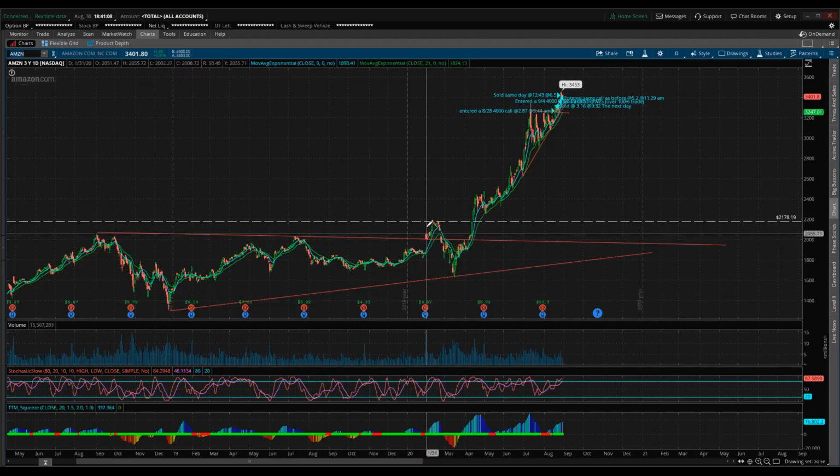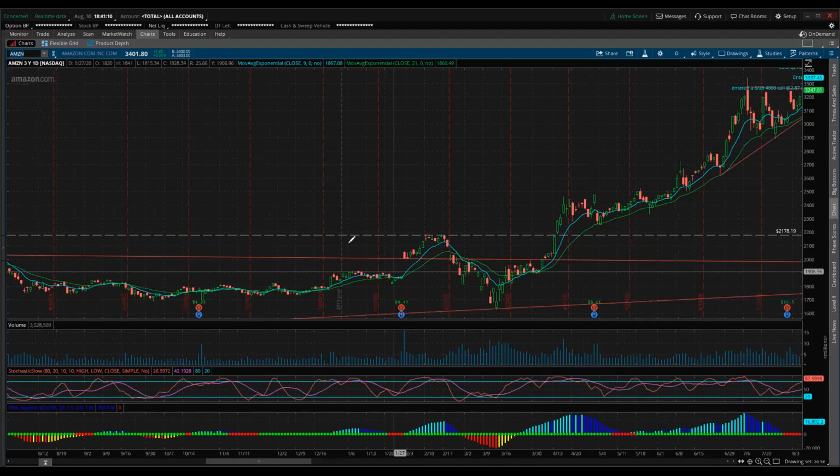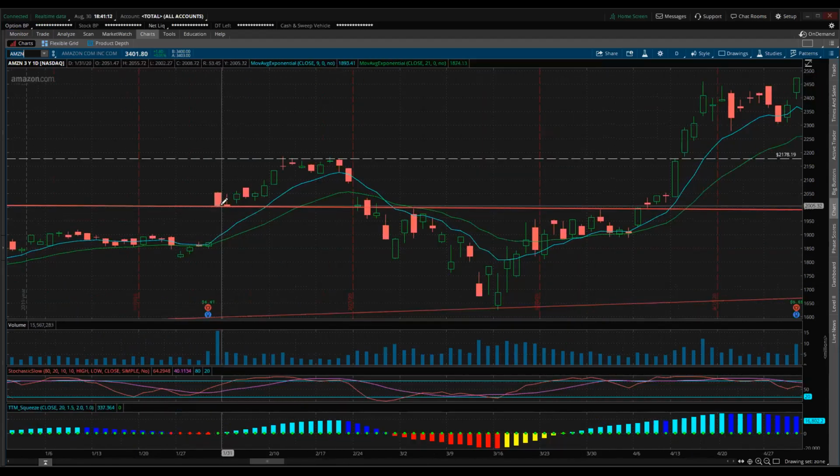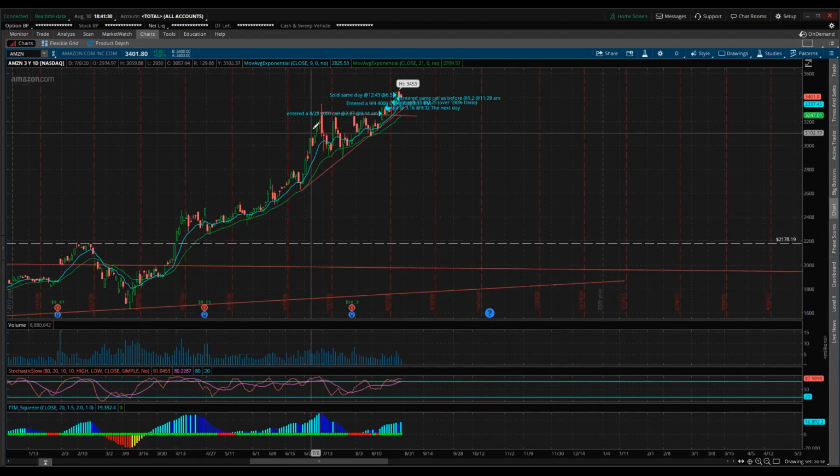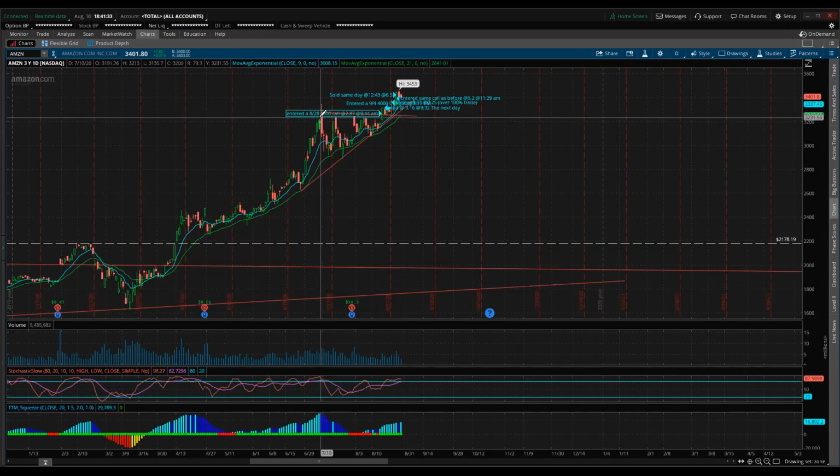This on the weekly would be considered a false breakout with the gap up from earnings, and then it ran the following week, and then it fell back down, hit the bottom bar of that triangle. But then when we finally broke out, we went from 2200 all the way to a run of 3200.